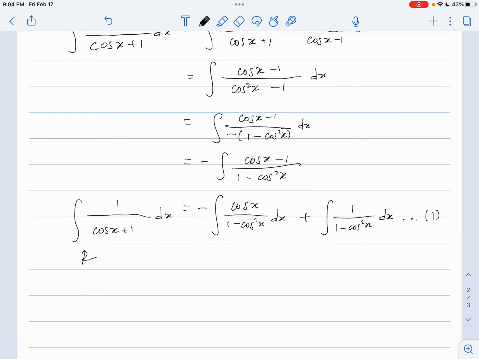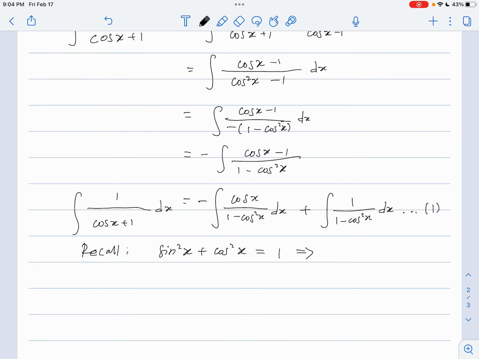Recall that sine squared of x plus cosine squared of x is equal to 1, regardless of the value of x. So this implies sine squared of x is equal to 1 minus cosine squared of x.